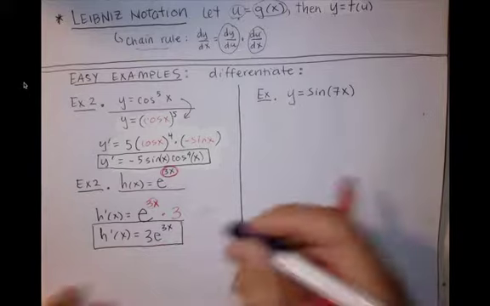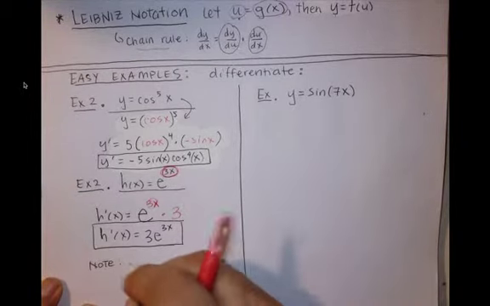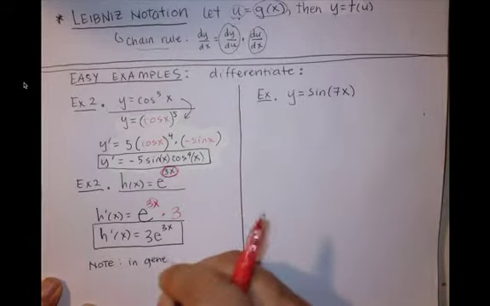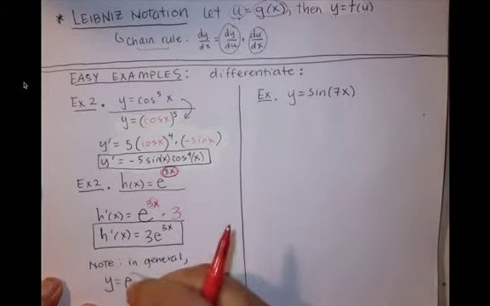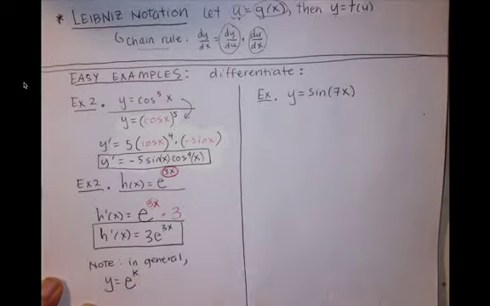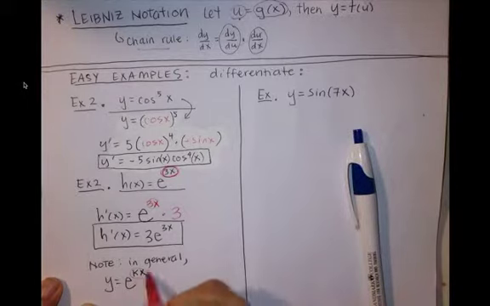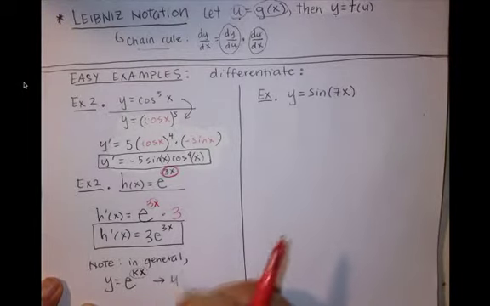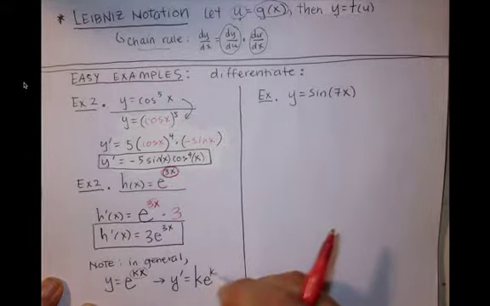This is a common derivative, and so you'll note that in general, anytime you're taking the derivative of e raised to some constant k times x, this is always going to give you k times e to the kx.